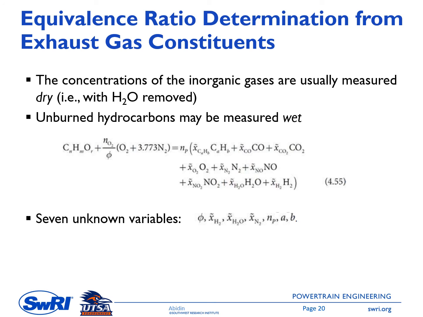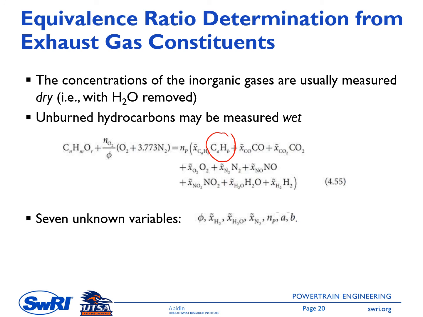So it means here we remove H2O. For example, the inorganic gases here are CO, CO2, and so on. They are measured dry. And then for the unburned hydrocarbon, usually it is measured wet.